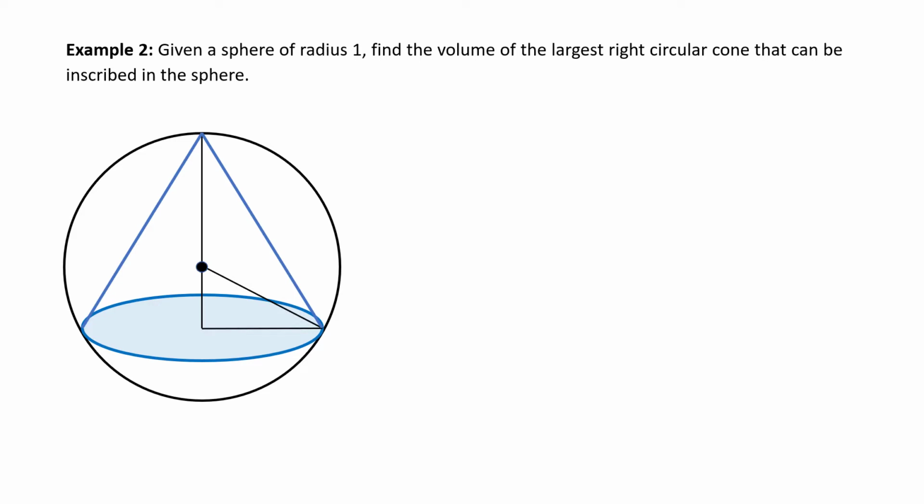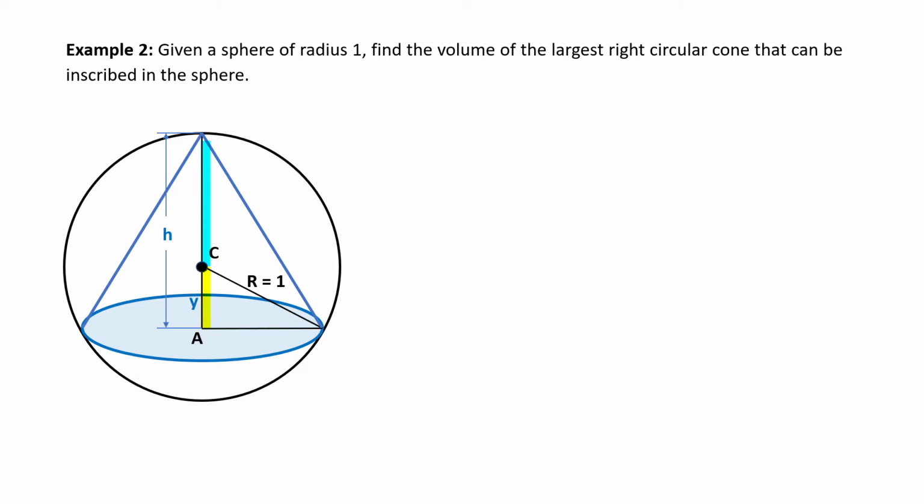Before we proceed, let's label some points. The bottom corner I'll label A, the center I'll label C, and the distance from the center to the sphere, that's the length of the radius, so we'll call that uppercase R equals 1. The height of the circular cone, from the pointy end to the base of the circle, we label H. Notice that H can be split into two parts, the distance from A to C, and the distance from C to the edge of the sphere.